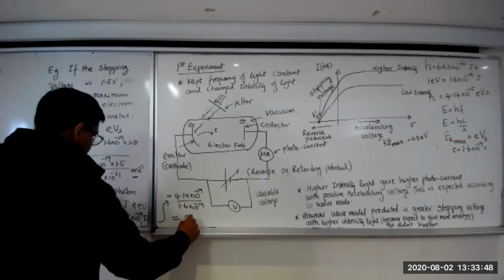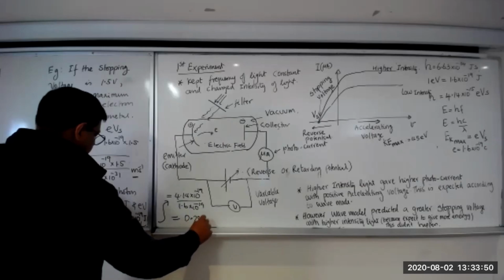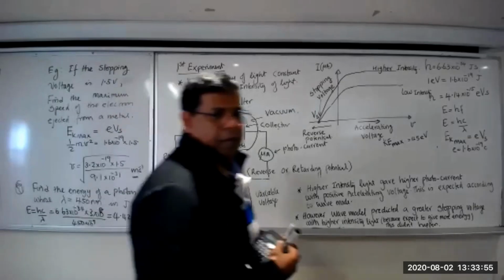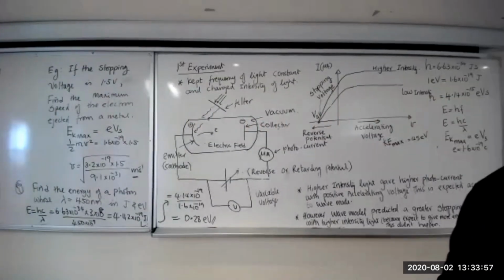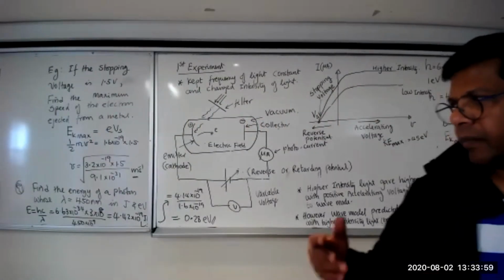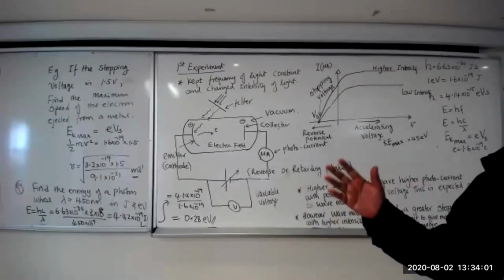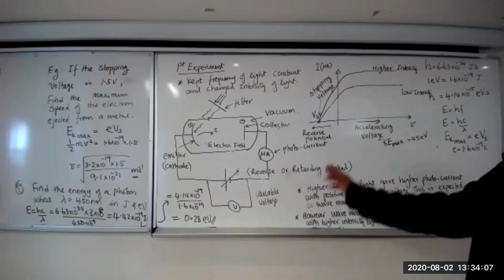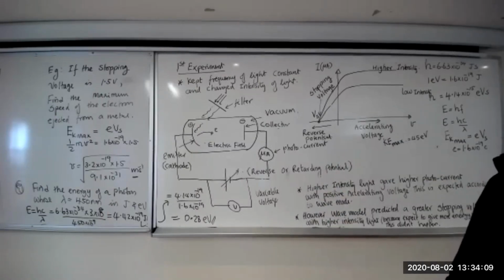In this case, I'm getting about 0.28 electron volts. Explaining the photoelectric effect concept is a little bit tiring. Maybe once you get that one passed through, it should be quite straightforward. As long as you get something out of it, that's the main thing.